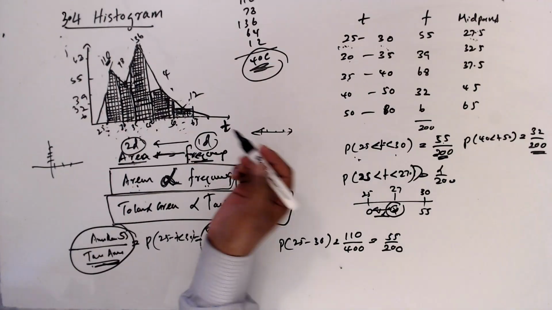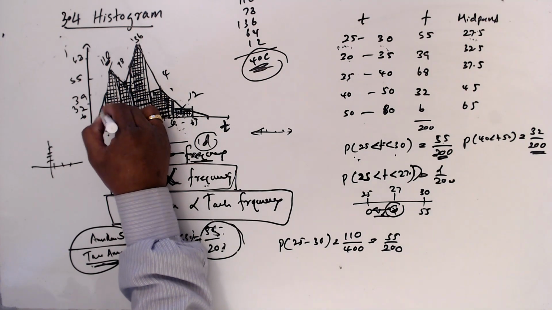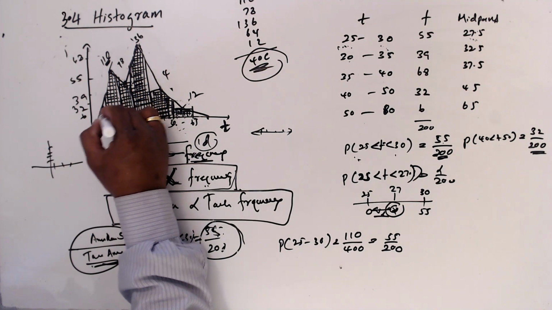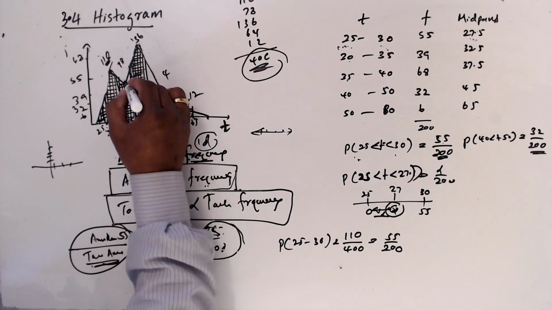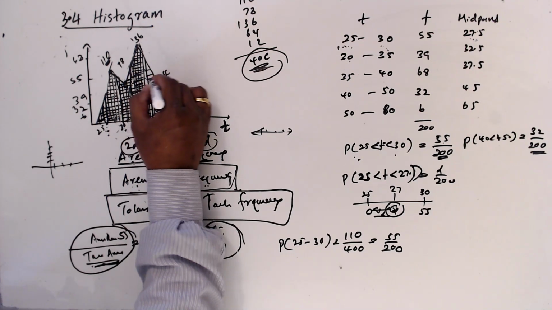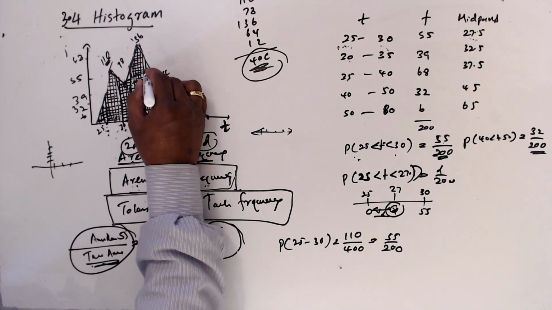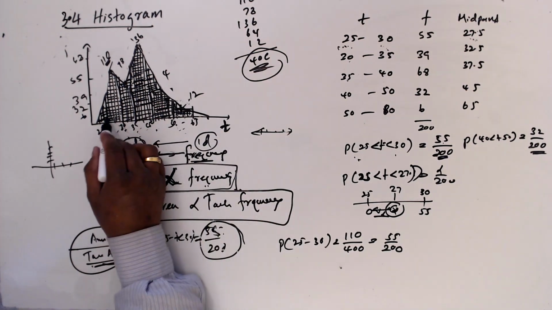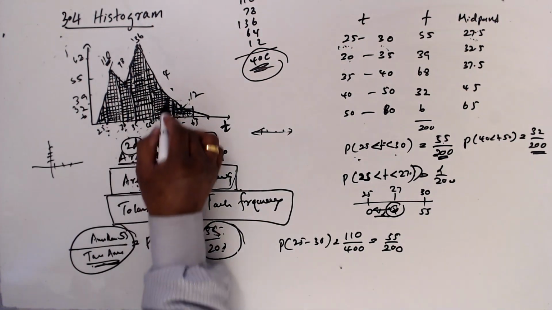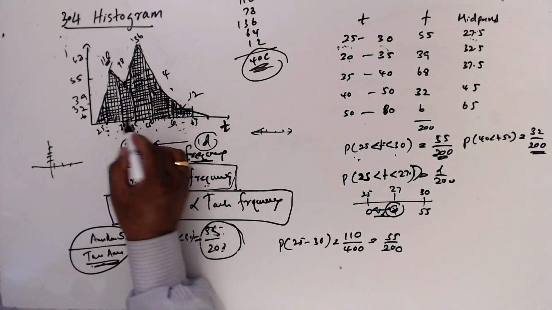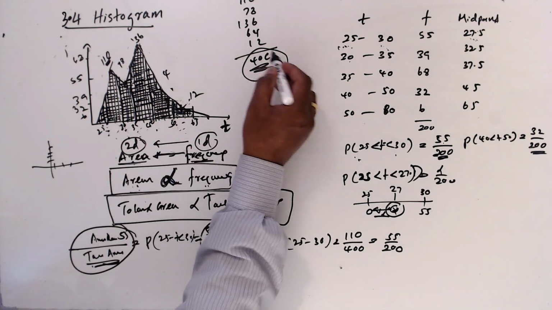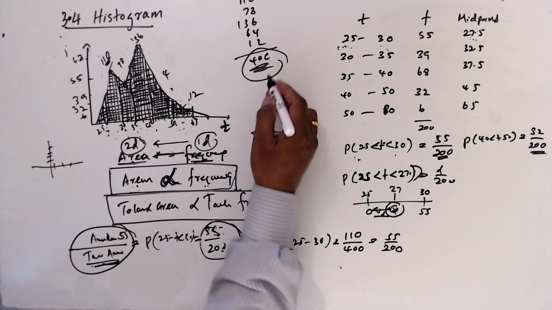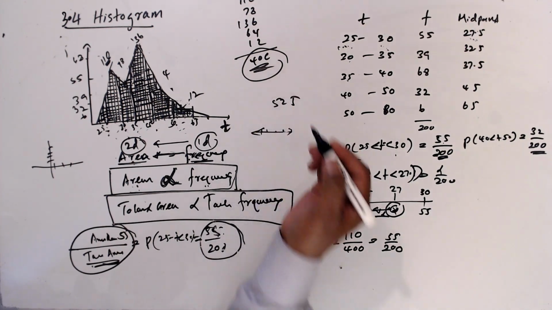Now I am going to complete this area with small boxes, and we have to count the total number of boxes. Now it is going to change. Let's say it is 525 now.